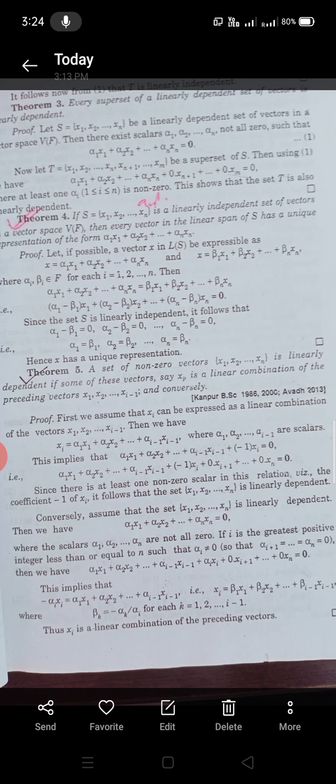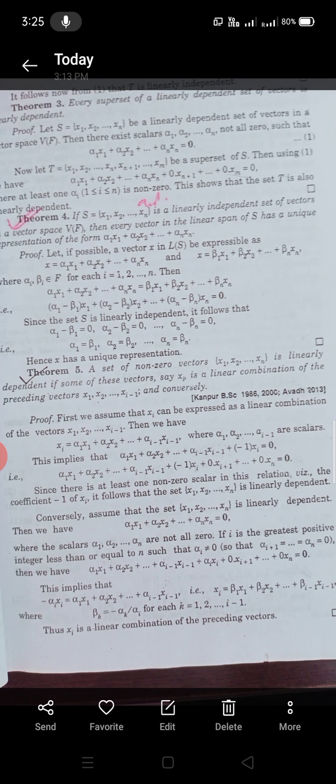Then we have α1x1 + α2x2 + and so on αi−1xi−1 + αixi + 0xi+1 + and so on + 0xn = 0.